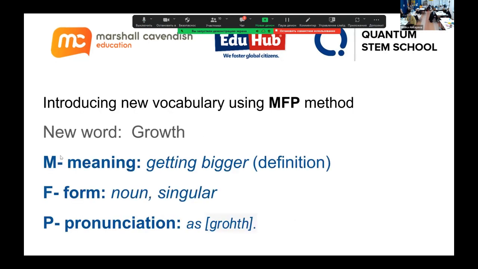So, introducing new vocabulary. First of all, I want to ask this question. Do your children, do your kids, for those who teach science especially, do they know all the vocabulary, let's say, scientific, academic vocabulary? No. So they don't know, and in our case, in the situation of Quantum, we also have to assess that.